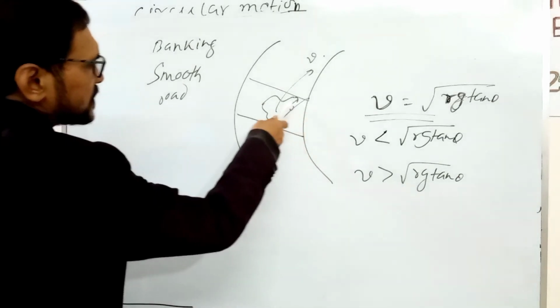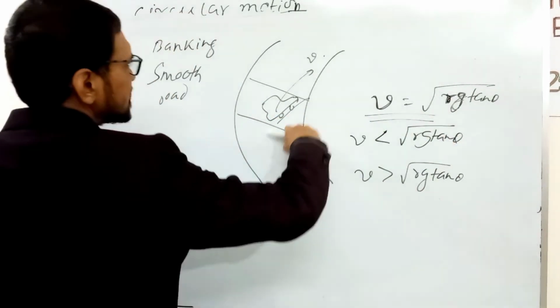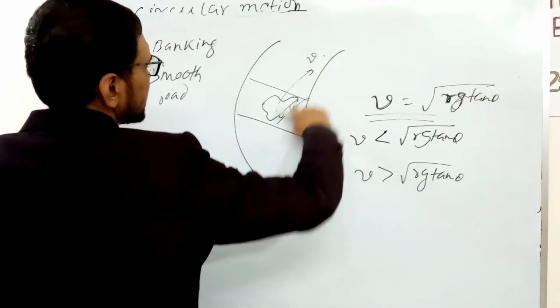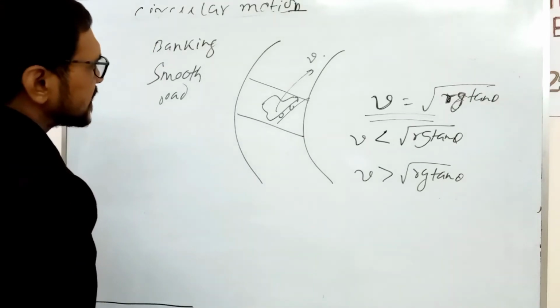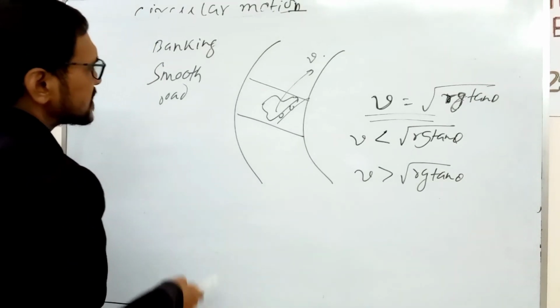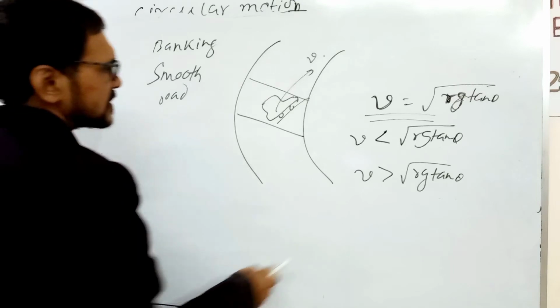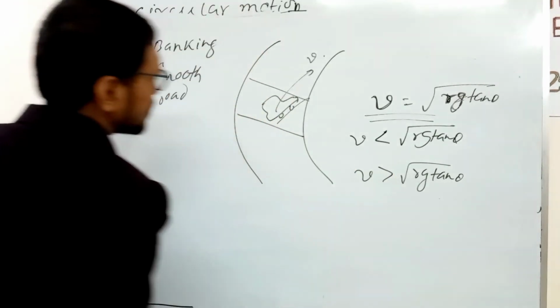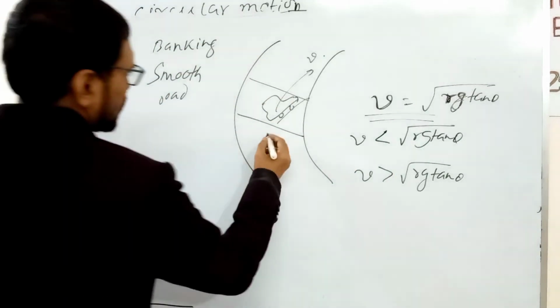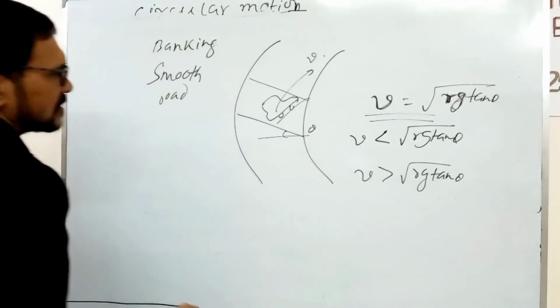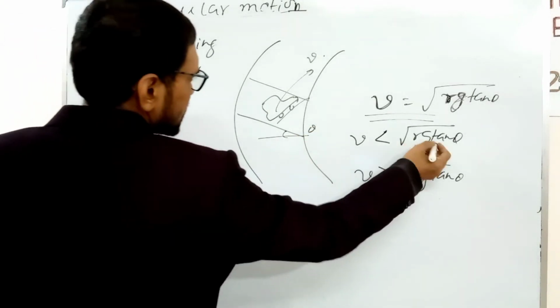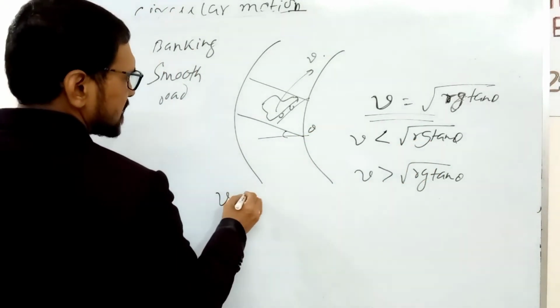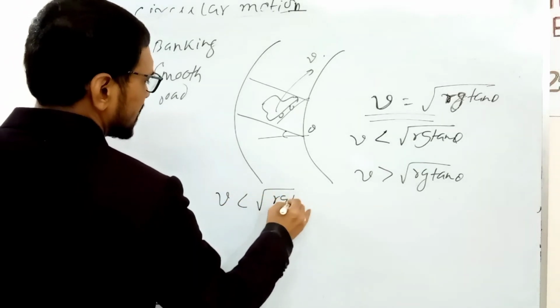So if the car moves with this velocity, then the car can turn safely. But if the velocity is less than or greater than, what happens? Here theta is fixed. If v less than root over rg tan theta, what happens?